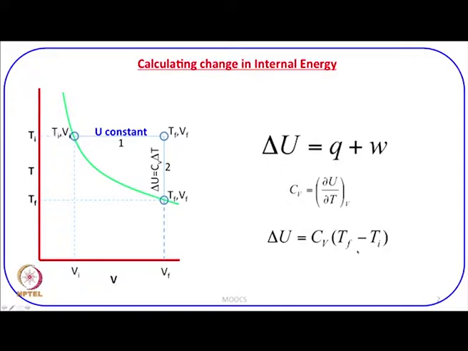And this calculation requires the knowledge of final temperature, the knowledge of initial temperature, and the value of the heat capacity. Now, we will discuss how to calculate the work done during an adiabatic change. And most of my discussion, unless I specify it, will refer to ideal gases.